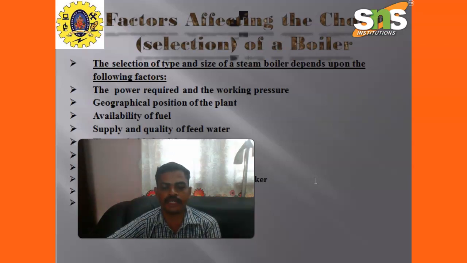The selection of a type and size of a steam boiler depends upon the following factors: the power required and working pressure, geographical position of the plant, availability of fuel, supply and quality of feed water, probable load factor, space availability, labor availability, adaptability, steam pressure and superheat required, nature and intensity of draft.